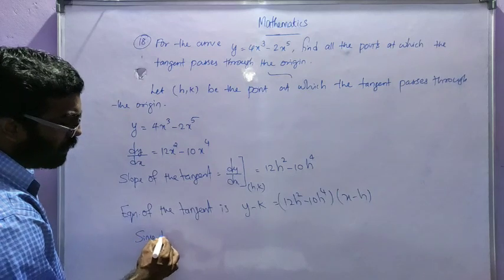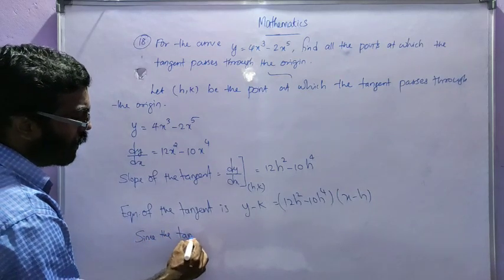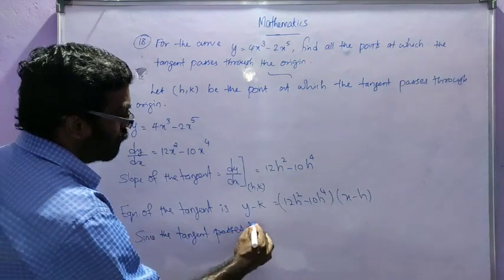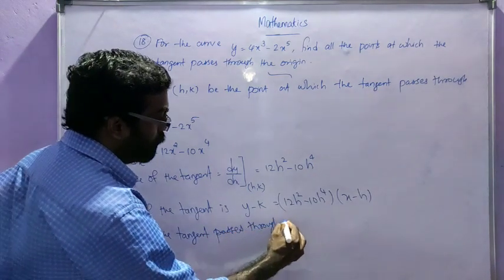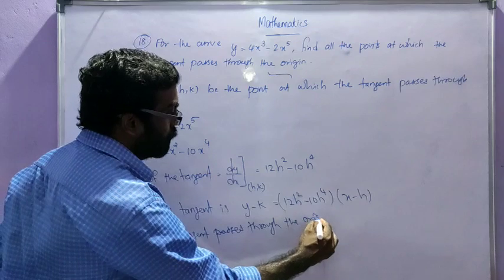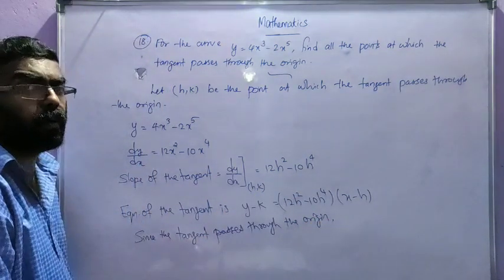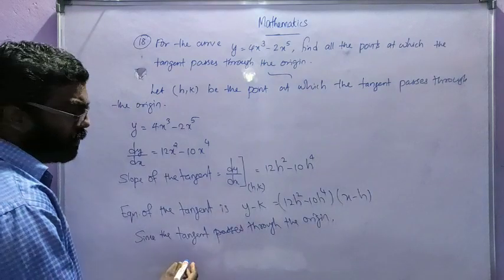So since the tangent passes through the origin, we can put the x value and y value as 0. Origin means the coordinate (0, 0).